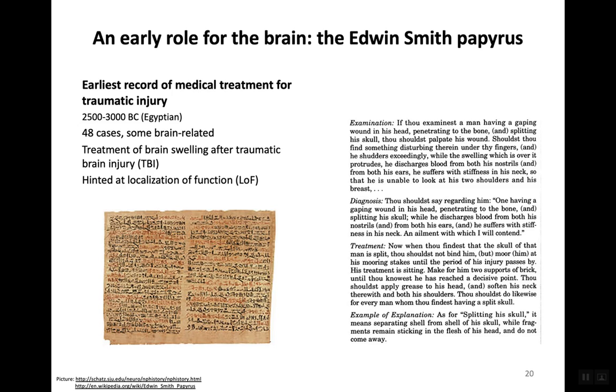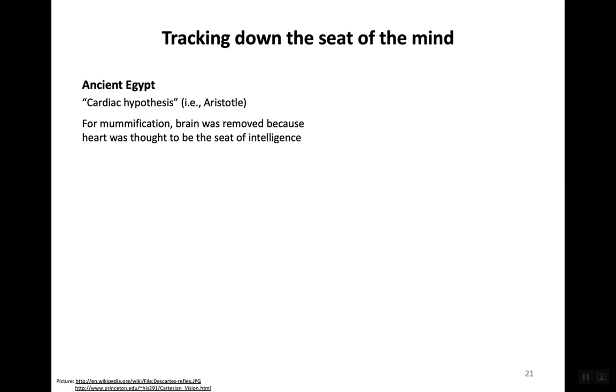They did not necessarily believe that the brain is the seat of the mind. And that is because rather than thinking of the brain as crucial, they thought that it is the heart that is responsible for the mind. And this is largely referred to as the cardiac hypothesis.